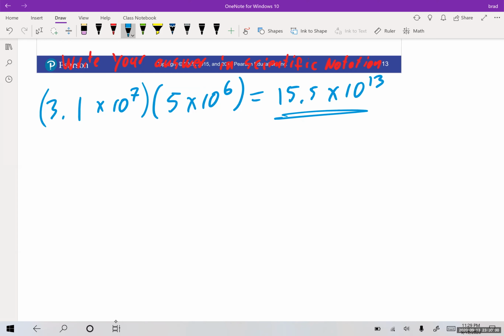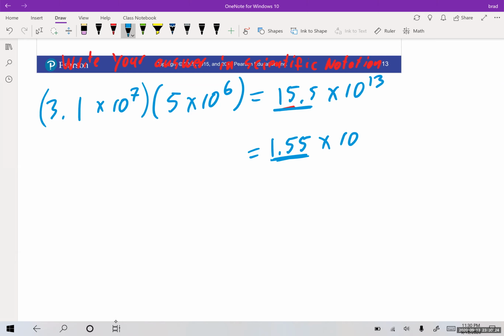And then some people are going to leave this as their answer. This is not scientific notation because there are two digits to the left of the decimal. So what you have to do is write this as 1.55 times 10 to the, now you have to find a new way to write 15.5 as 1.55 and still be worth the same.